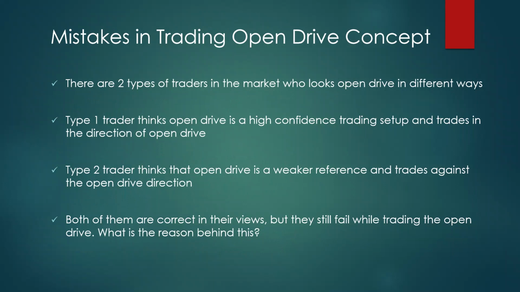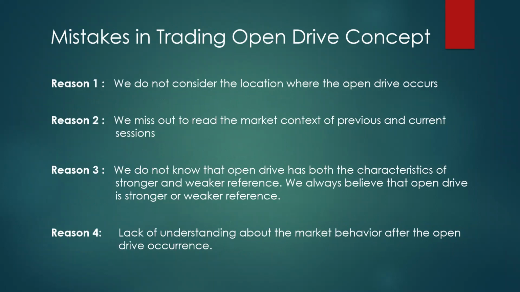Both types of traders will make losses, and they do not know the reason behind the loss, because one thinks it is a stronger reference point and another thinks it is a weaker reference point. So what is the exact reason behind the stop loss being hit, even after taking the trades very confidently? Let us see in the next slide.